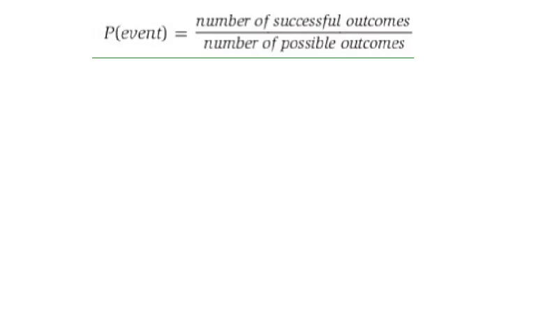So the first one, since it is right on the screen: the probability of an event happening is always going to be the number of successful outcomes divided by the number of possible outcomes.